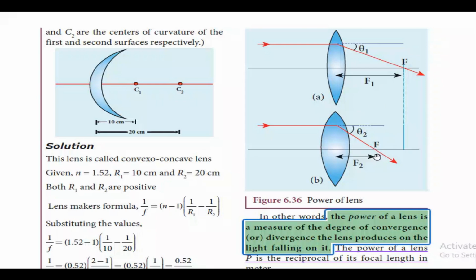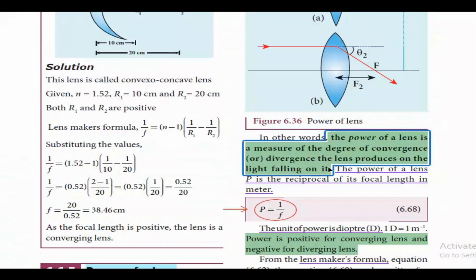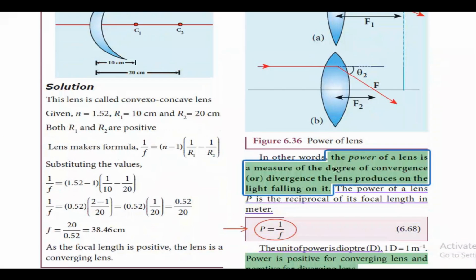For a short focal length, the power of the lens will be greater. Here, the second lens will have greater deviating ability and its focal length will be less, and vice versa. That is what is explained here.